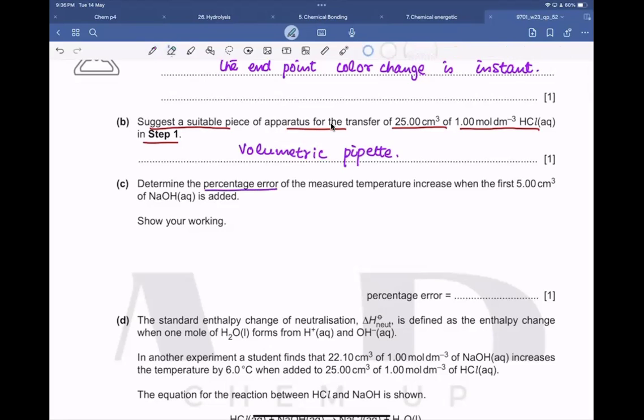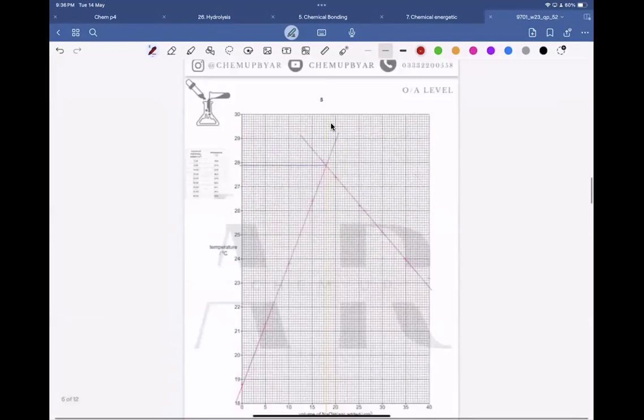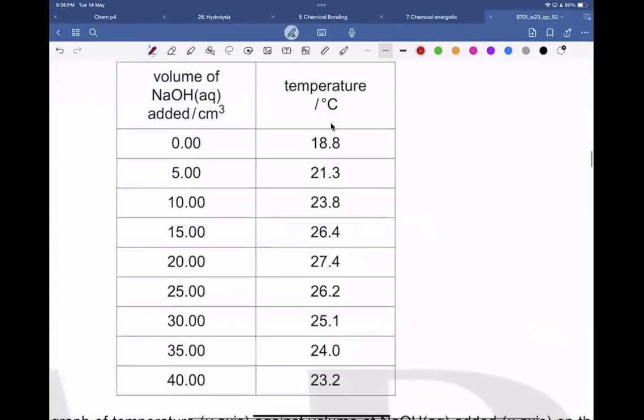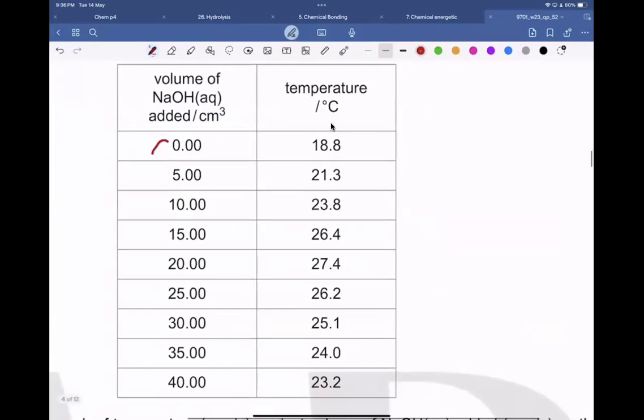Determine the percentage error of the measured temperature increase when 5 centimeter cube of NaOH is added. Show your working. Okay. So when we have added the first 5 centimeter cube, how much is the change in temperature?